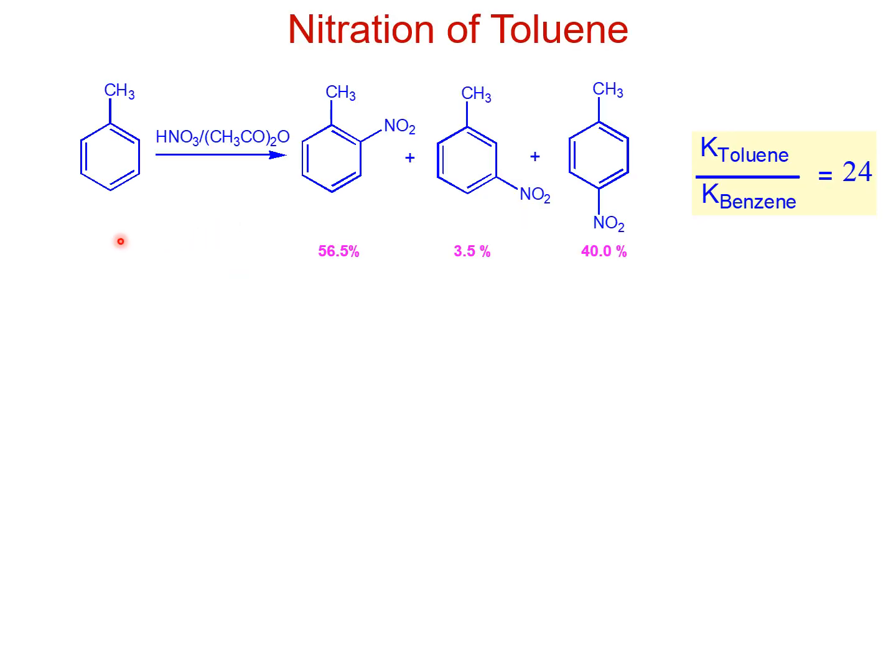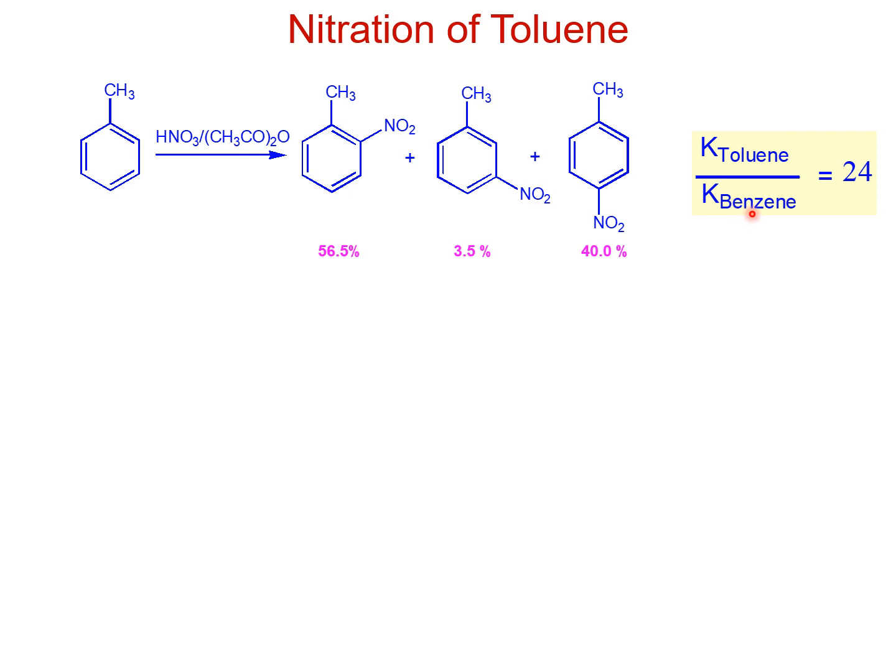As an example, consider the nitration of toluene with concentrated nitric acid in presence of acetic anhydride. The reaction offers formation of a mixture of isomers with substitution at ortho, meta and para positions.